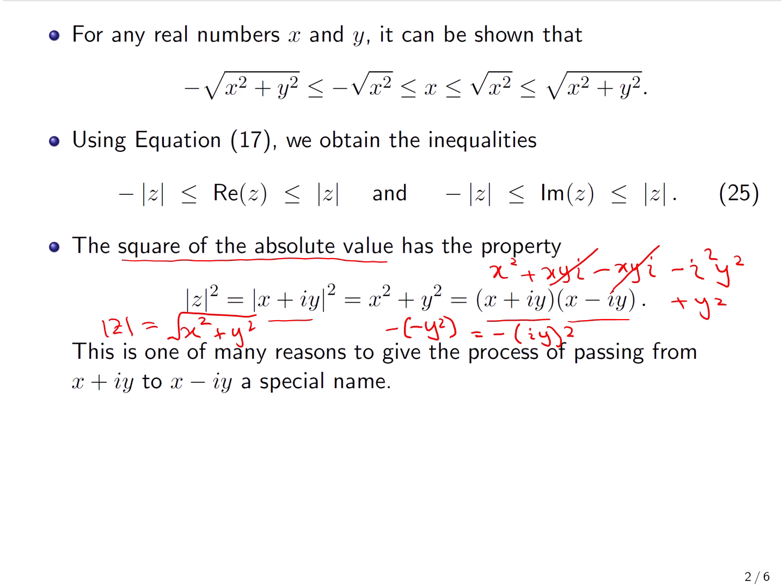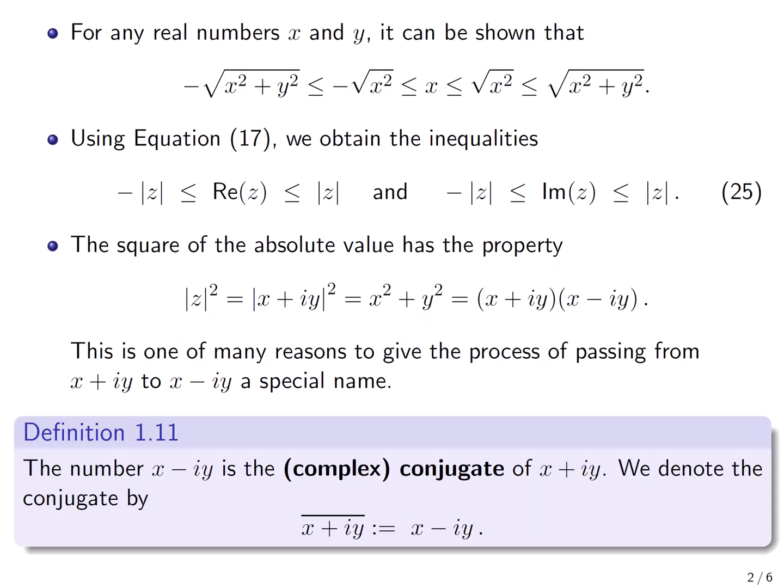Because of this, we are going to consider how you can transform from x plus iy to x minus iy. This has a special name. The number x minus iy is called the complex conjugate of x plus iy. It doesn't really matter whether it's a minus sign.